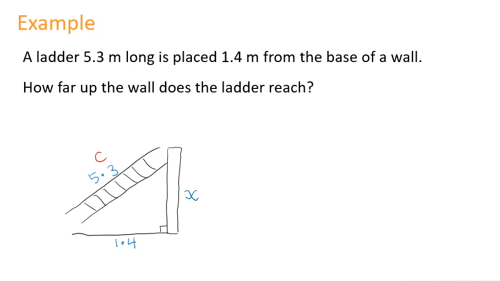I'm trying to find one of the shorter sides. So when finding the short side, I use this formula: A squared equals C squared minus B squared. And remember, I always label the unknown with the letter A. So this is A and the other side B.